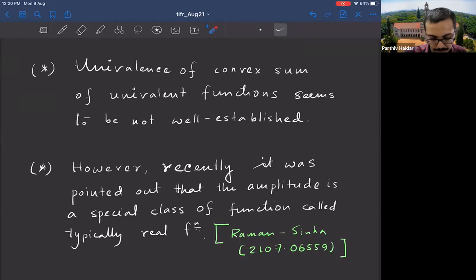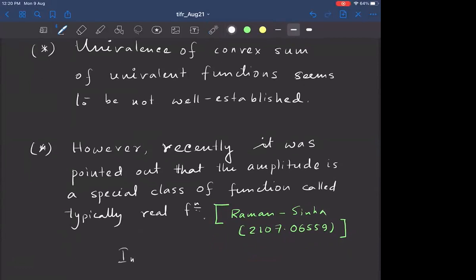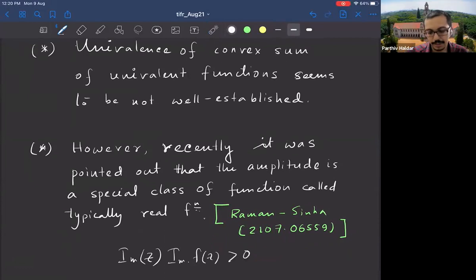However, it was pointed out, it was there already but kind of rekindled, that amplitudes are a special class of functions called typically real functions. A typically real function just satisfies this property, which really means that in the upper half plane the function has positive imaginary part, and in the lower half plane the function has negative imaginary part.